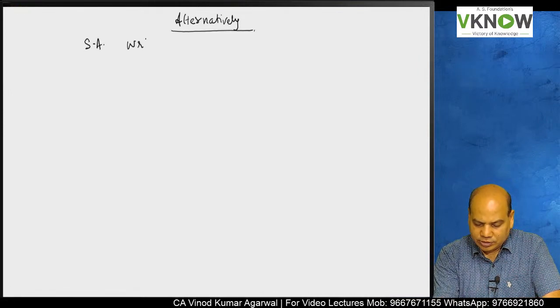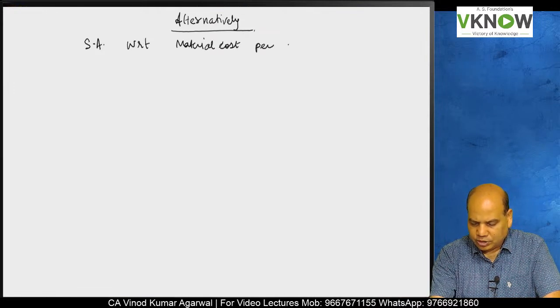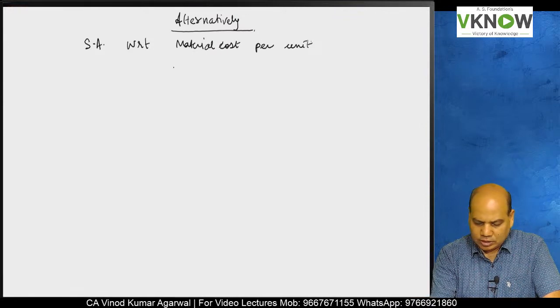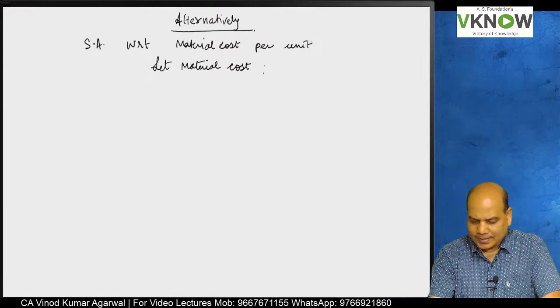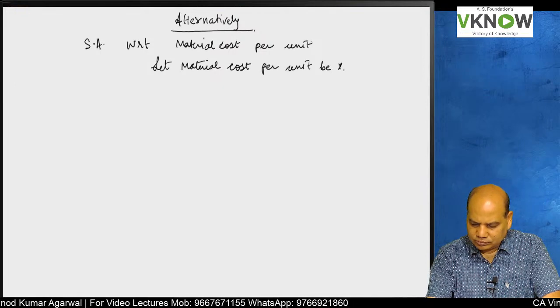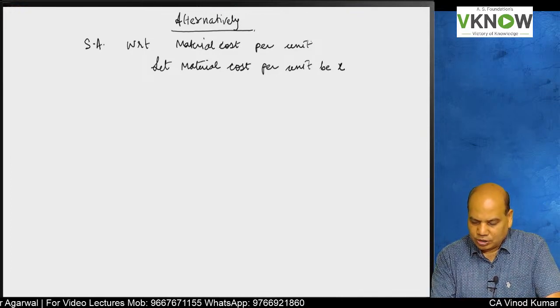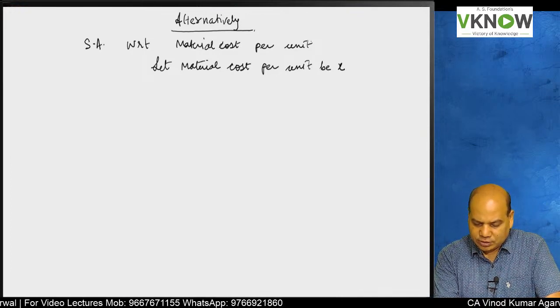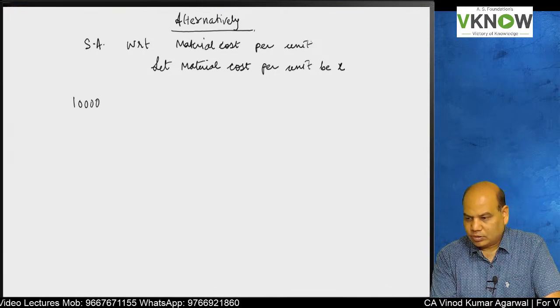Sensitivity analysis with respect to material cost per unit. So you will write, let material cost per unit be X. Now how to write the equation? Like the previous one, my sales quantity is 10,000.